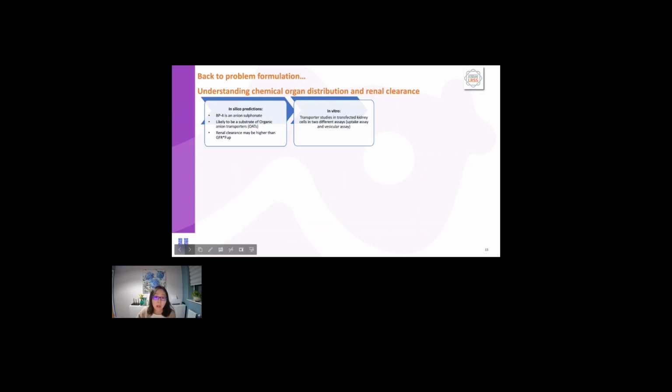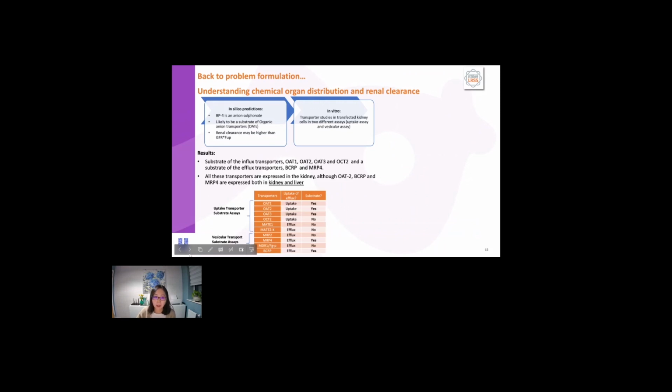So basically, we dug into active transport mechanisms based on certain in silico predictions. From ADMET Predictor, it shows that BP4 is likely to be a substrate of several transporters, including these organic anion transporters, the OATs. So we based our renal clearance calculation on the equation shown here, GFR multiplied by FUP.